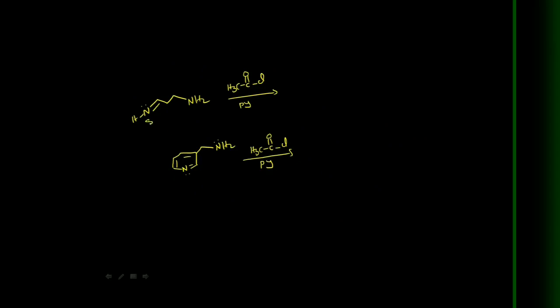Next, coming to this one, it is an sp2 nitrogen. This is an sp3 nitrogen. The sp2 nitrogen has higher electronegativity, holding electron density very tightly, so its donating tendency is very low and it is less nucleophilic. The sp3 nitrogen is more nucleophilic, so the acylation takes place on this nitrogen.